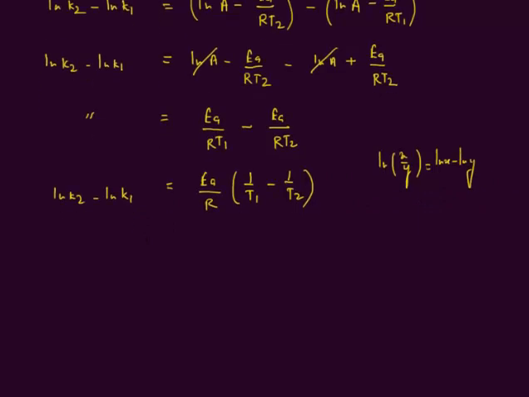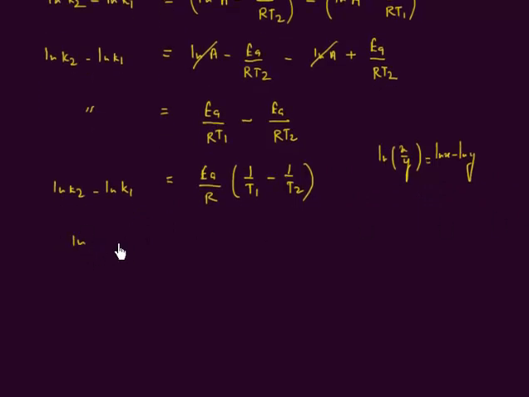As a result, we get ln (k2/k1) = Ea/R (1/T1 minus 1/T2). This is the Arrhenius equation, which can be used for a reaction which is taking place at two different temperatures, and so the rate constants are also different for that reaction.